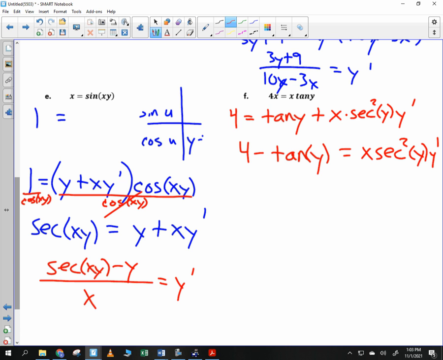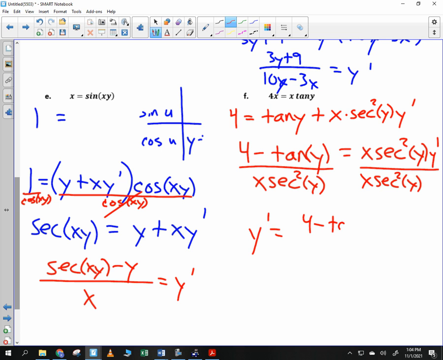Now I divide off. There's a couple different ways you could write this, but I think this is the most common way we would see this expressed. Y prime is equal to 4 minus the tangent of y divided by x secant squared of y.